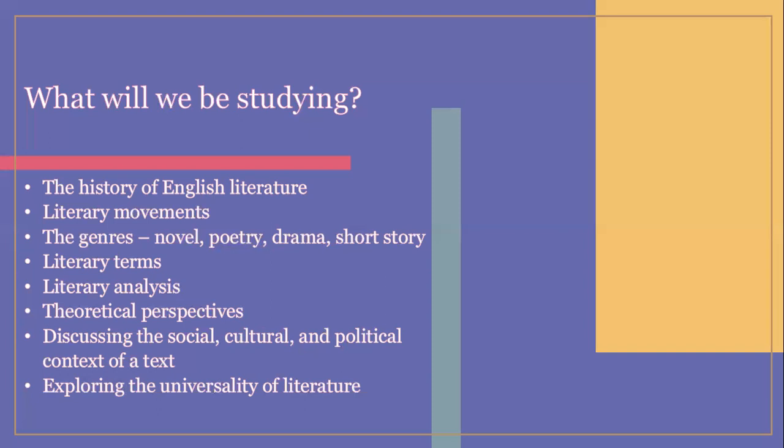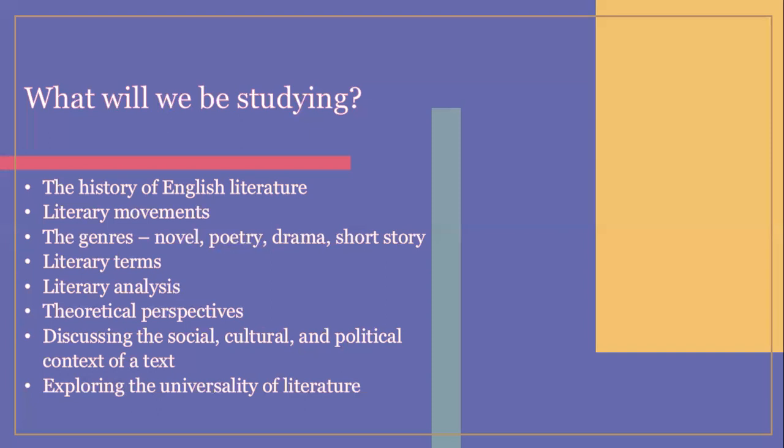Furthermore, we will be looking at some theoretical perspectives. Now, this is something that you will be doing as English literature majors throughout the course of your degree. You will be looking at texts from various theoretical perspectives, like, let's say, the feminist perspective, or a Marxist perspective, or an eco-critical perspective.